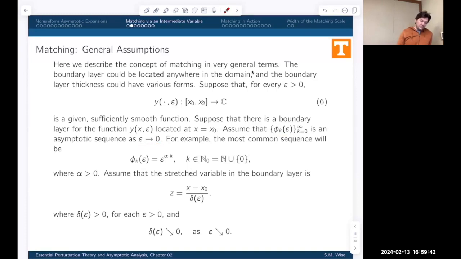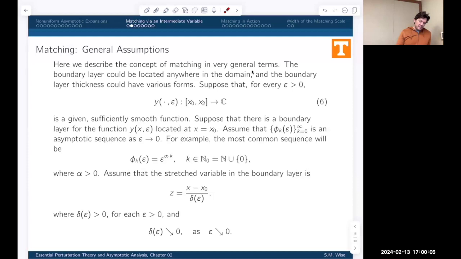So for example, the most common sequence is going to be a sequence of this form. All right, so we've seen this a lot of times. We've seen it most commonly with alpha equal to 1. But alpha could be a half, it could be a third, and so on, where alpha is positive in general.